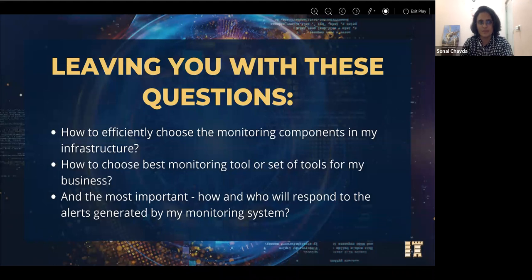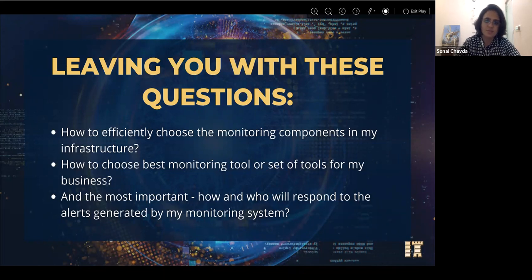So with this, now you know we talked about why you need monitoring, what to monitor, how to monitor, and what type of tools to use. Still, practically, when you want to implement, you need to ask yourself a few questions. How do you efficiently choose the monitoring components in your infrastructure?